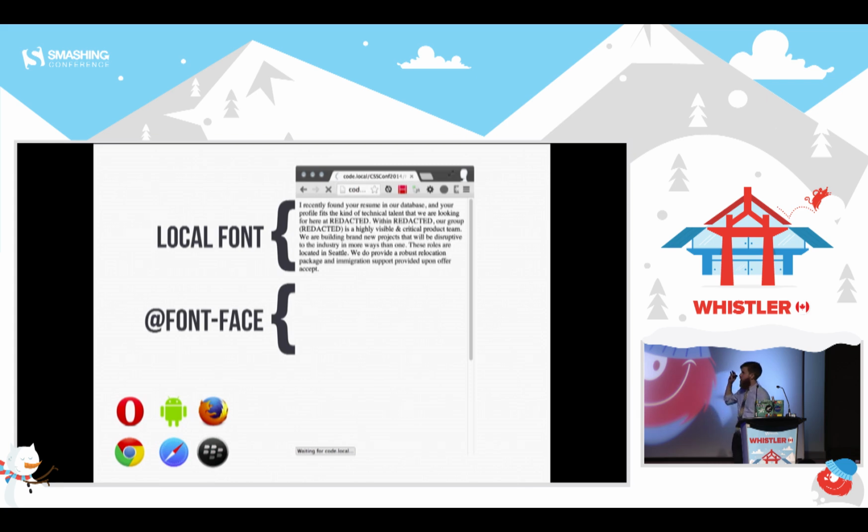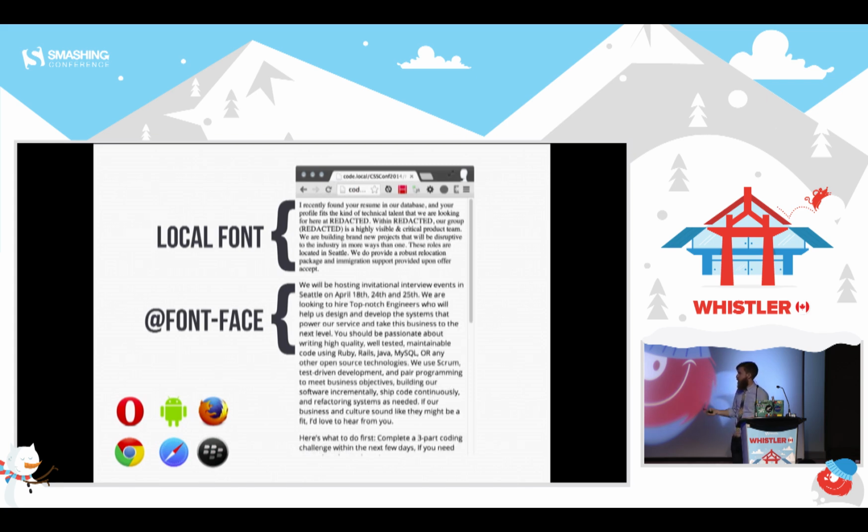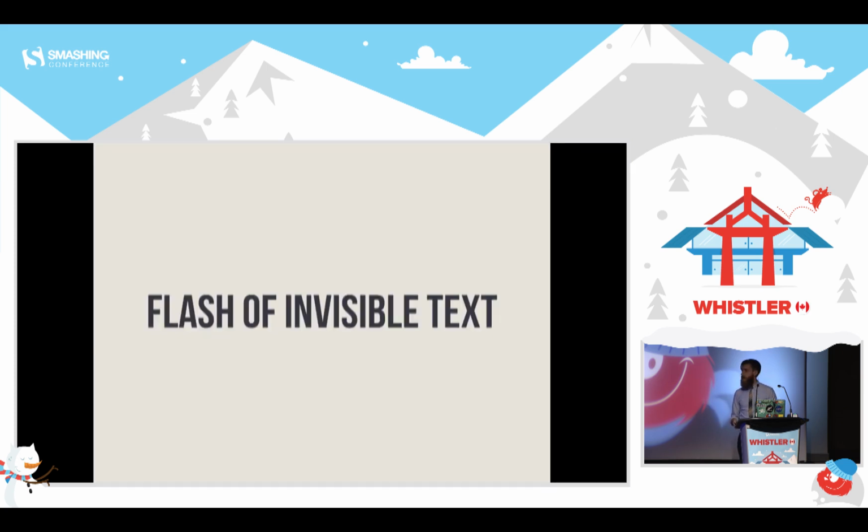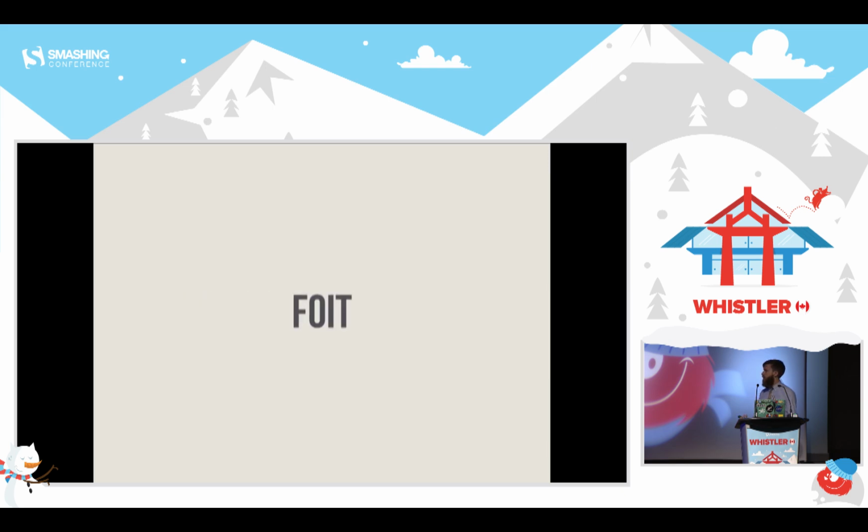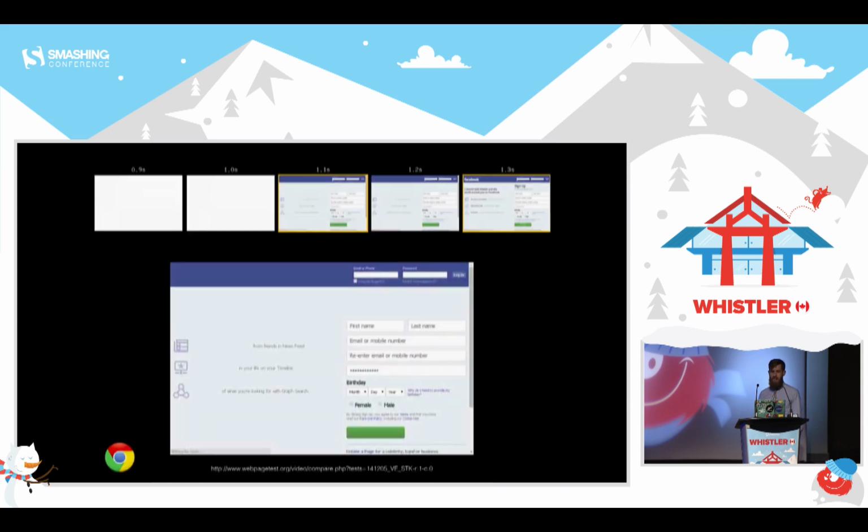So the content is invisible. It doesn't show up. When the web font loads successfully, it swaps in the new content, makes it visible again, and it renders using the new web font. We call this the flash of invisible text, or FOIT for short. I'm not sure how you say that, so I just say FOIT.